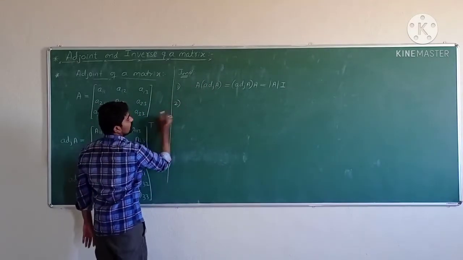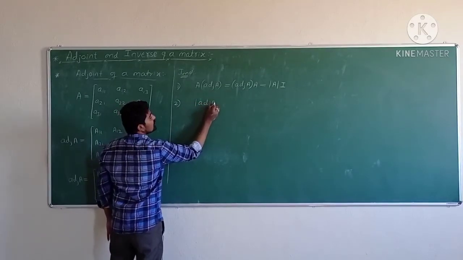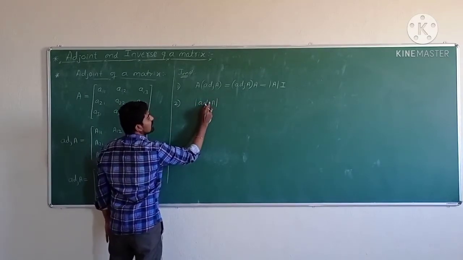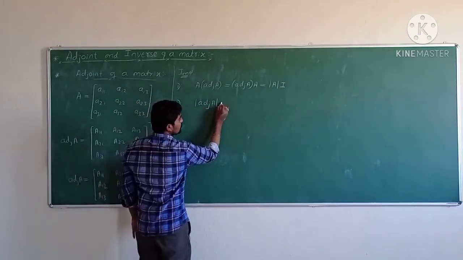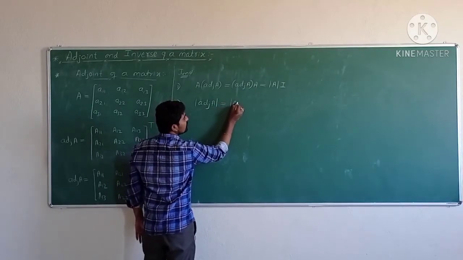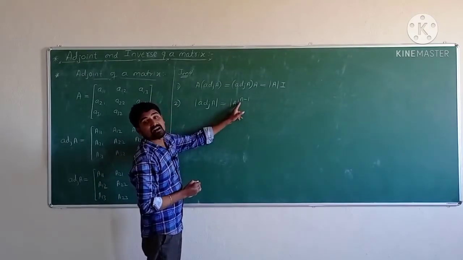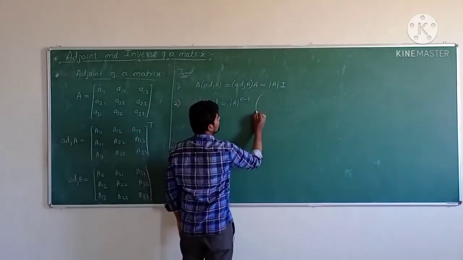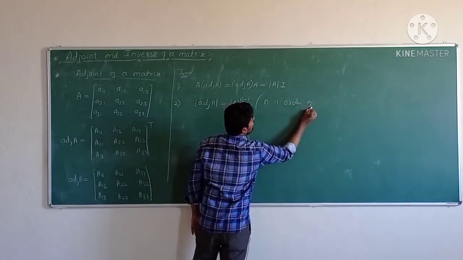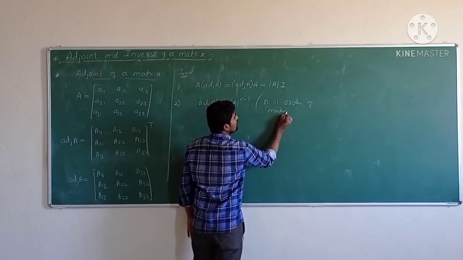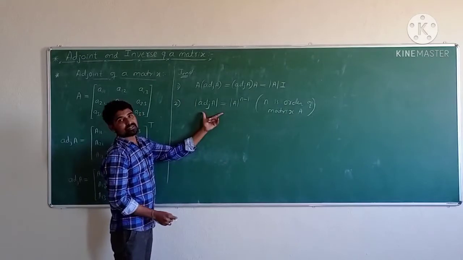Second, determinant of adjoint of the matrix A should be equal to determinant of A power n minus 1, where n is the order of the matrix A. And this is the most important formula for our KCET purpose also.